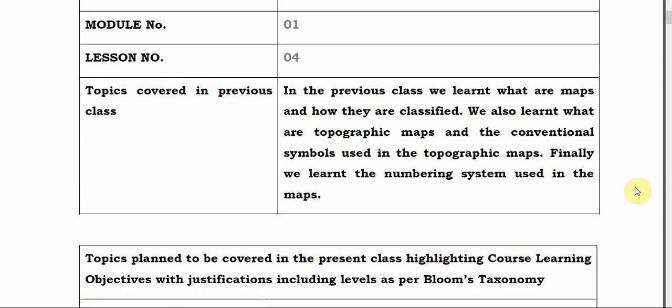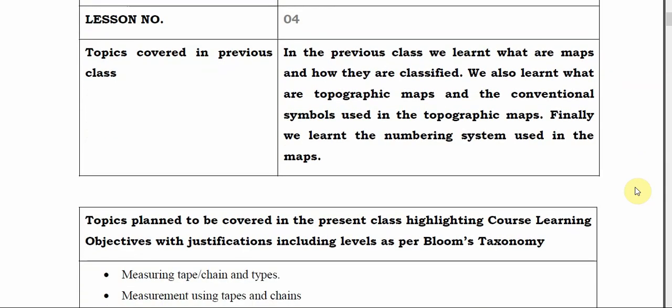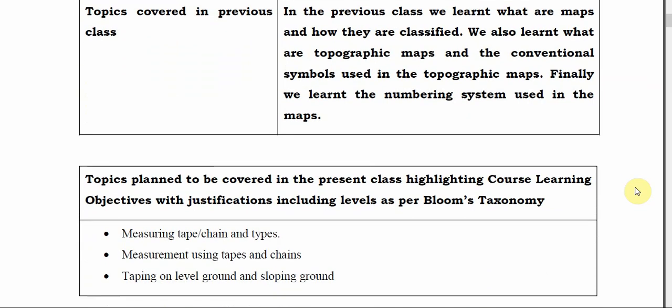Before we go ahead with today's topics, which involves chain surveying, that is the types of chains or tapes that are used for measurement in the field, and how the measurement is done using those tapes and chains on the field. How the taping or chaining is done on a level ground and on a sloping ground.